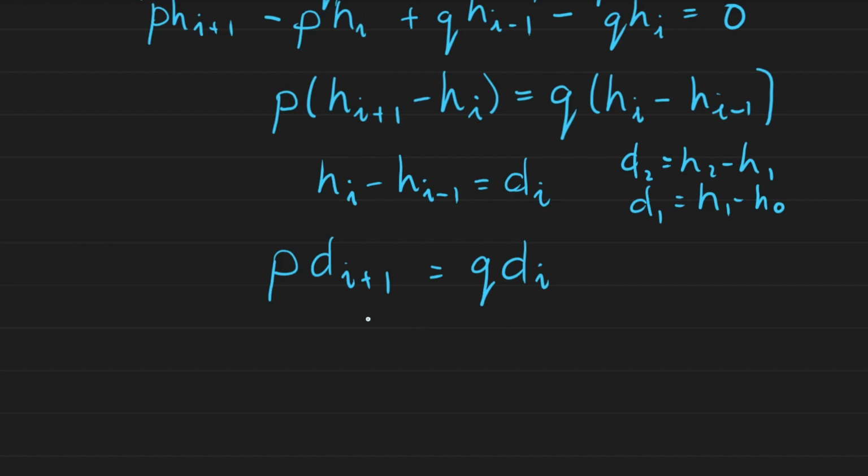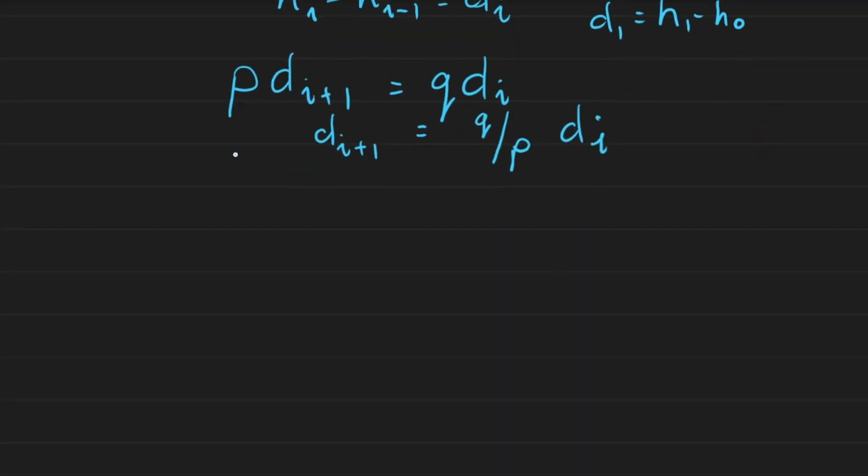So what we have is D(i+1) is equal to Q over P times Di. What this is actually saying is that all successive differences are basically in a geometric progression.